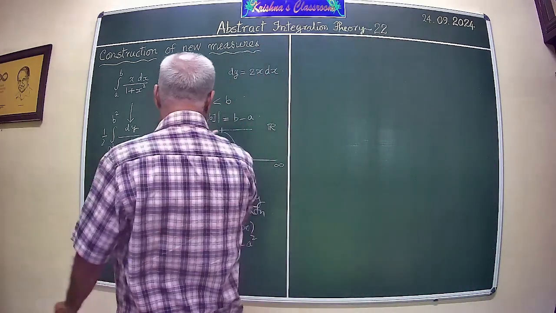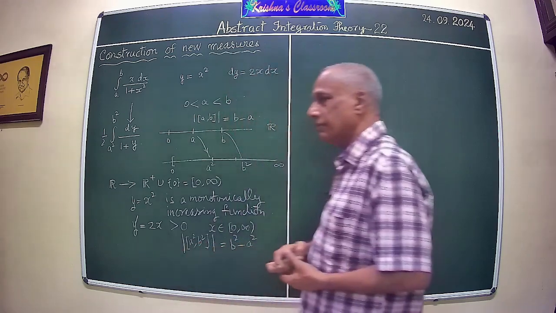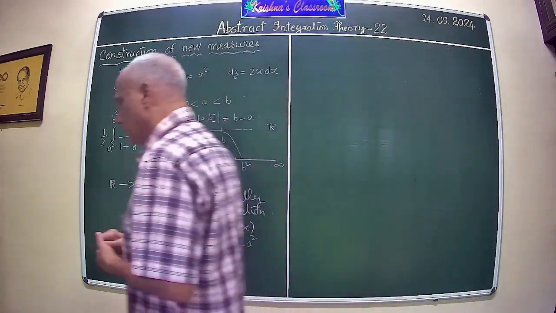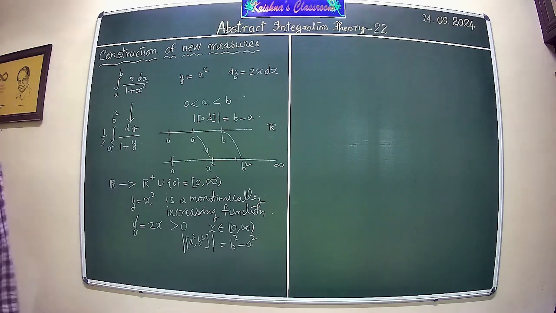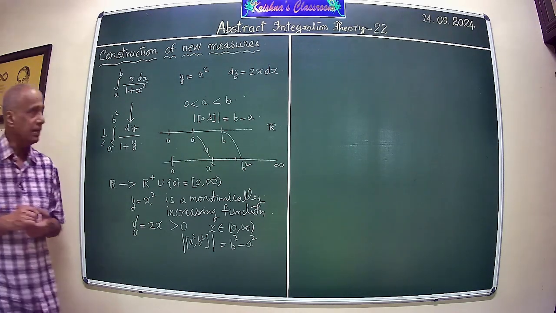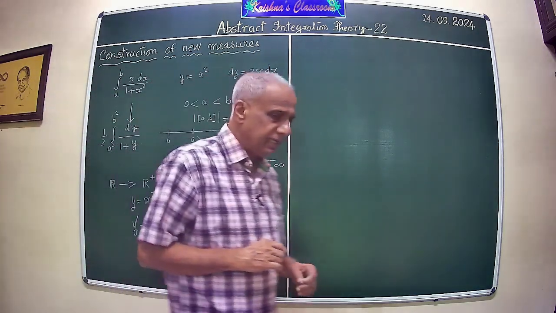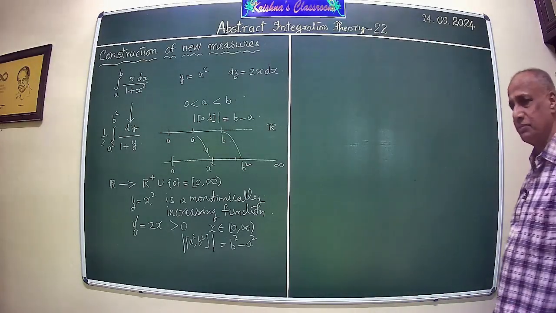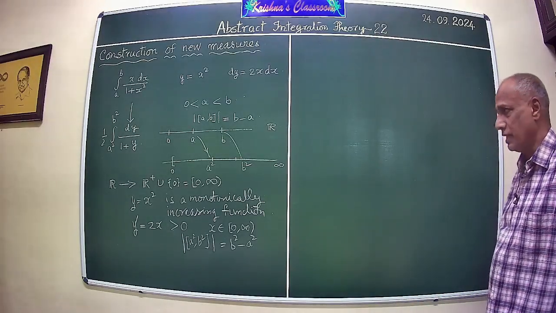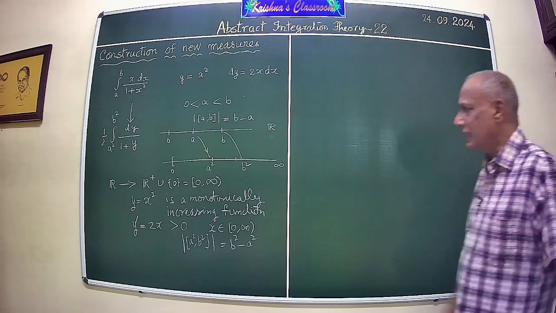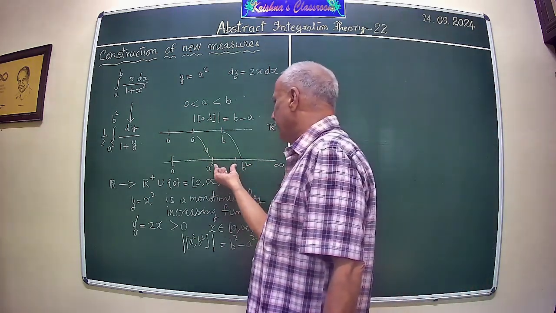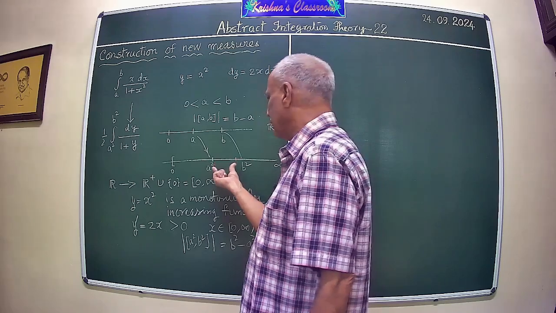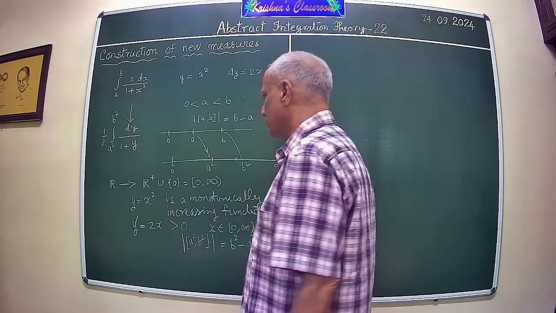Then what is this length of the interval AB? The length of the interval AB is what you call the measure of the interval. It is the Lebesgue measure of the interval, if you want to call it. And here the Lebesgue measure of its image interval is b square minus a square.